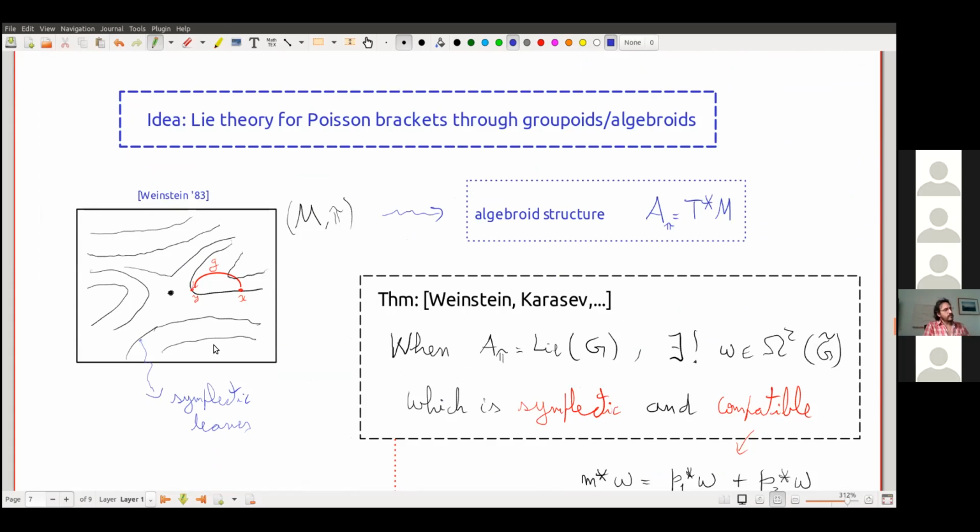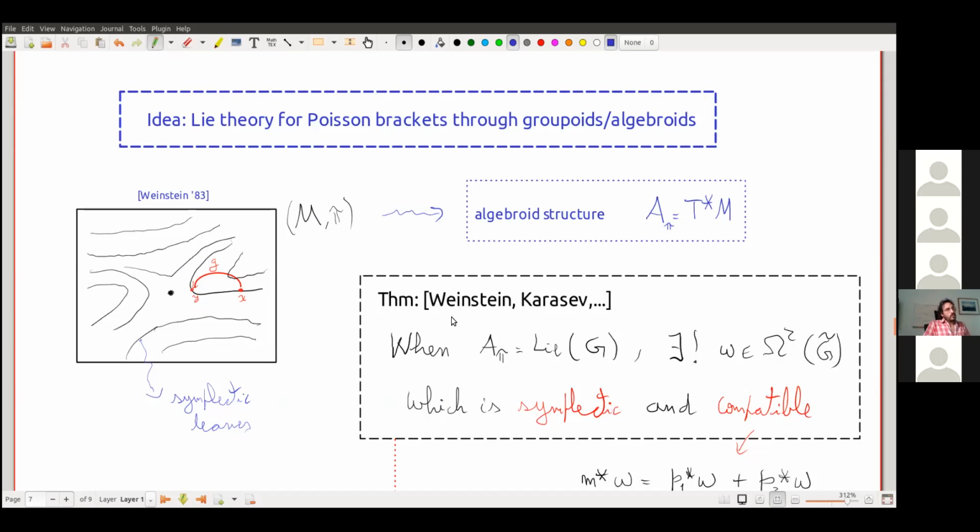It actually is given by one of these singular foliations that I mentioned before. Each leaf is symplectic and so on. And so this looks exactly like the infinitesimal version of the objects of the groupoid. And indeed, there is an algebroid behind the Poisson structure, and you can ask if this infinitesimal description comes from a groupoid.